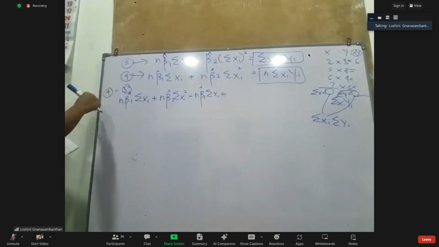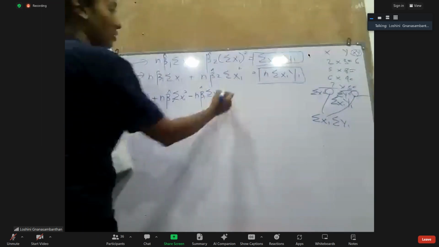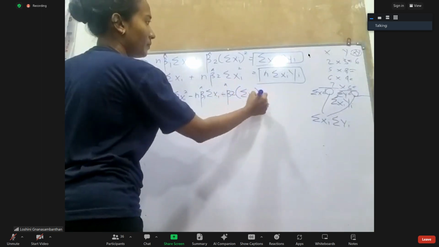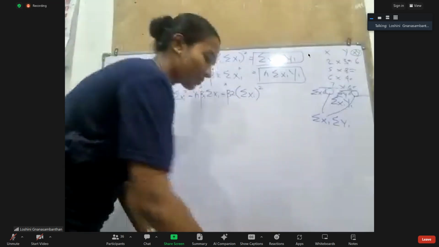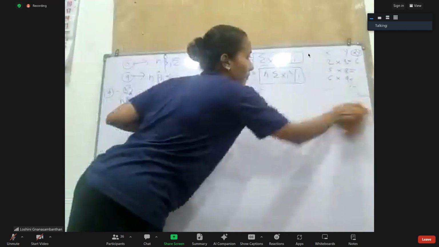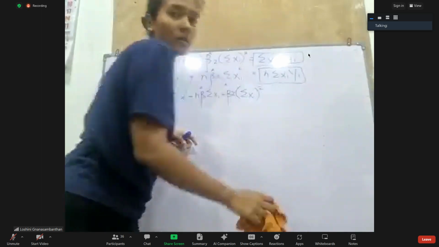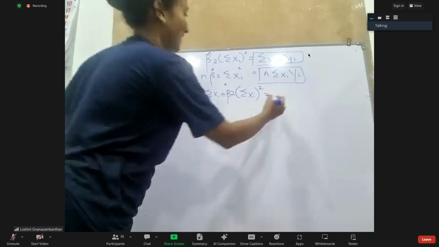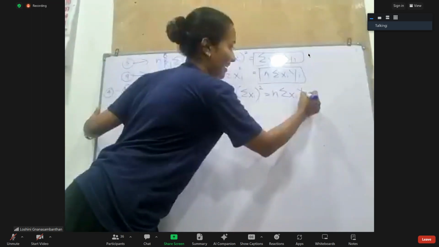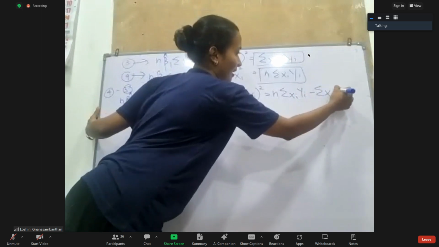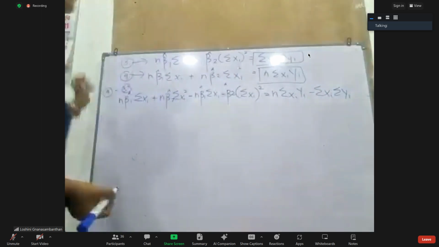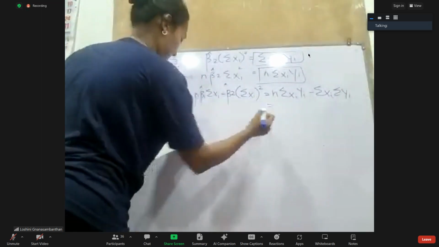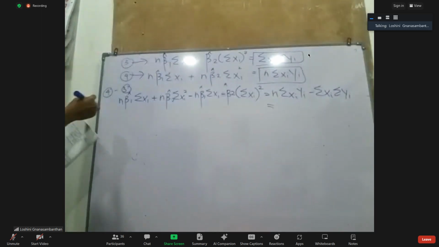You're subtracting 3 from 4, right? Can you see the common terms?